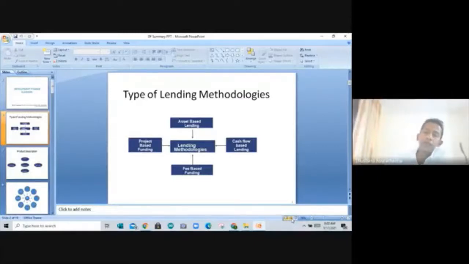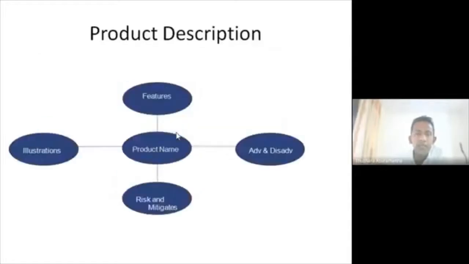Then we move to the second one, which is product description. Sometimes we are asked to write a short note on products. The examiner might ask for the stakeholders of the particular product and the requirements.